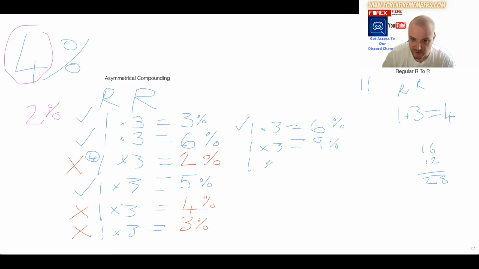You've got a 1 to 3. It's to the power of 4, remember. So you're risking 4%. Let's see it again. It loses. So you risk the 4%. That's going to take you back down to 5%.